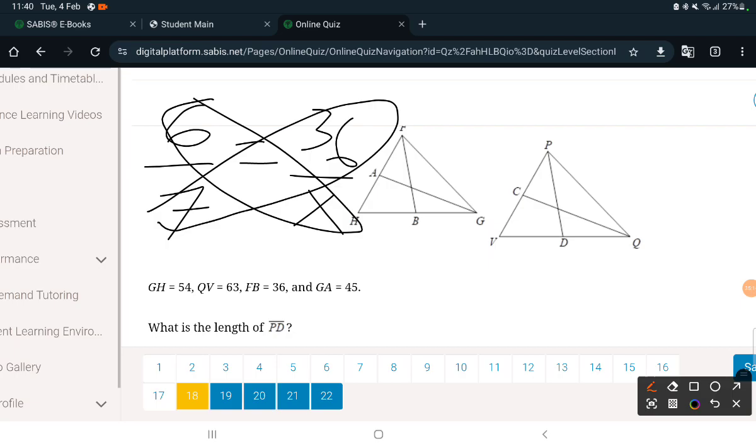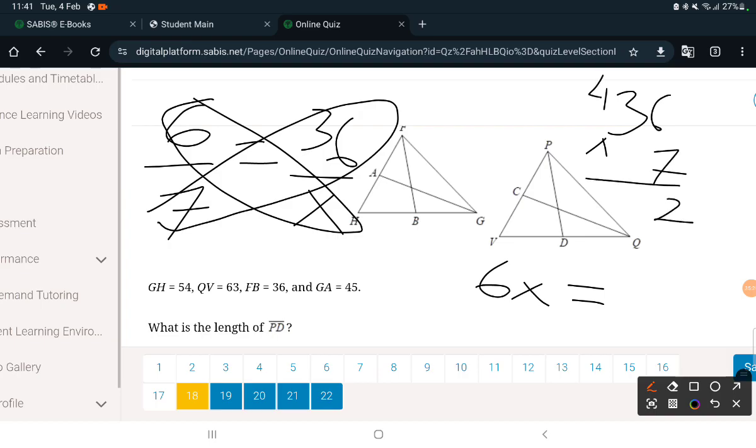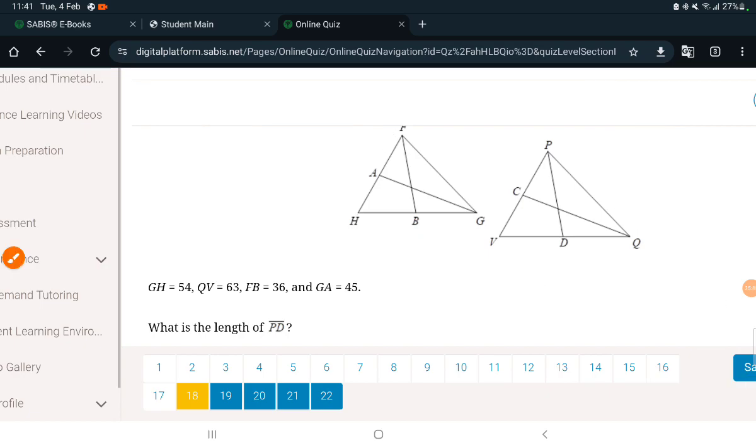So 36 multiplied by 7, let's do the long multiplication. 6 multiplied by 7 is 42. 3 multiplied by 7 is 21, plus 4 is 25. So 6x is equal to 252. So we divide 252 by 6 to get our answer.